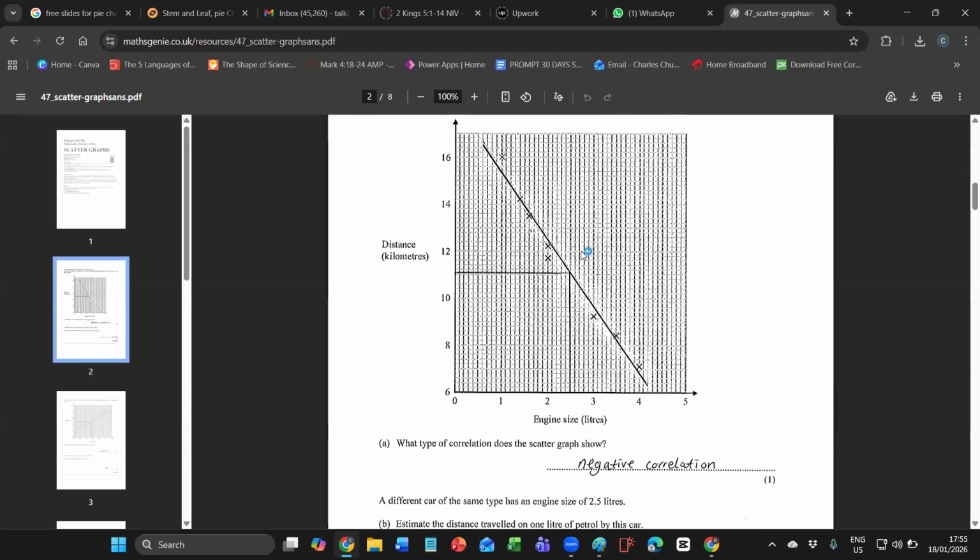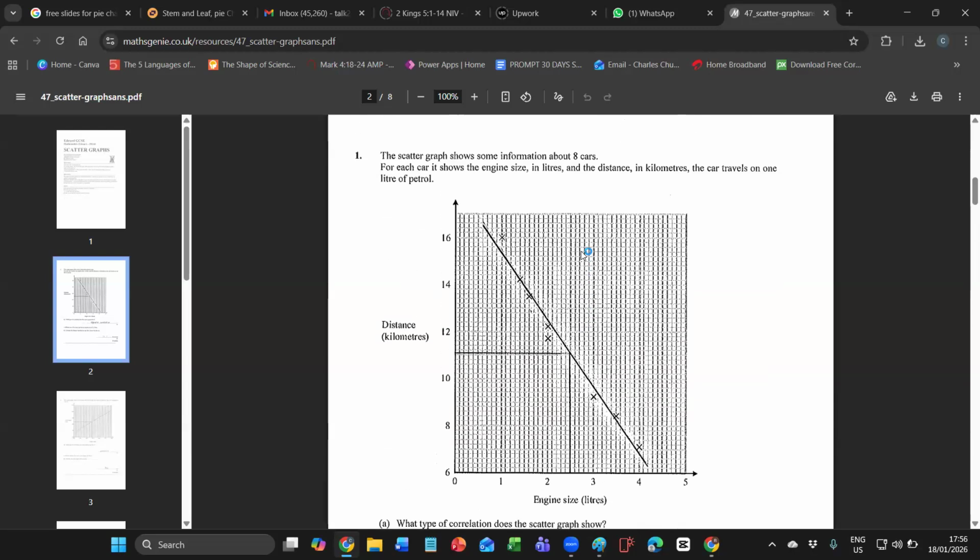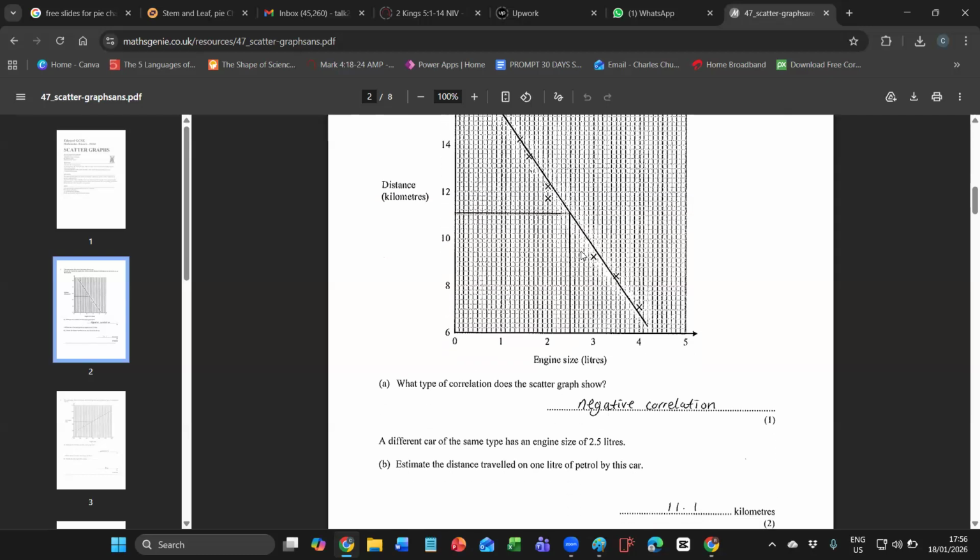Would they ask you guys about correlation? Yes. So you understand the concept of correlation, right? When it's tilting towards the left, like this, it will be a negative one, and of course, the opposite will be positive.